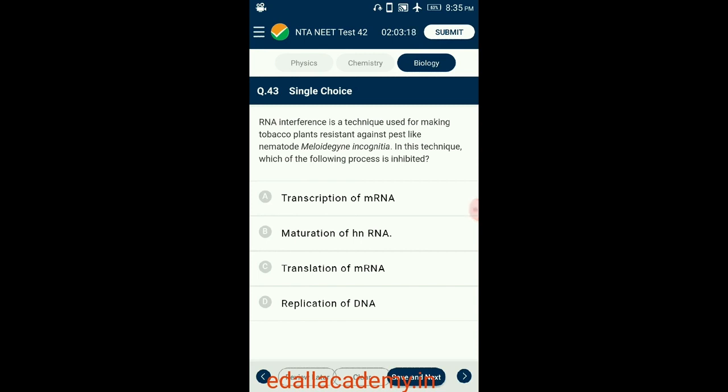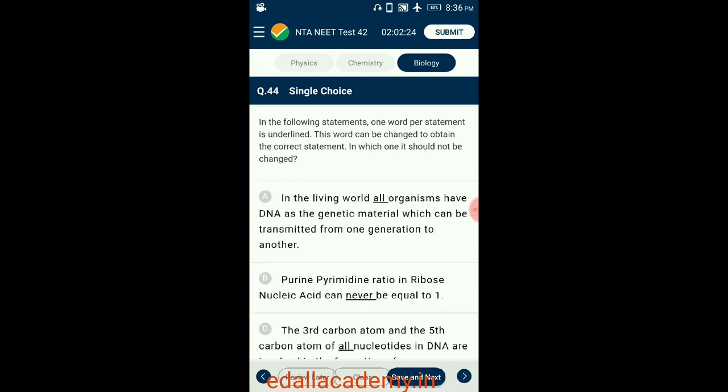The complementary RNA molecule will have a sequence complementary to the mRNA sequence, enabling formation of double-stranded RNA. This way, the protein will not be translated from the transcribed mRNA. So the answer for this question is option C, translation of mRNA.